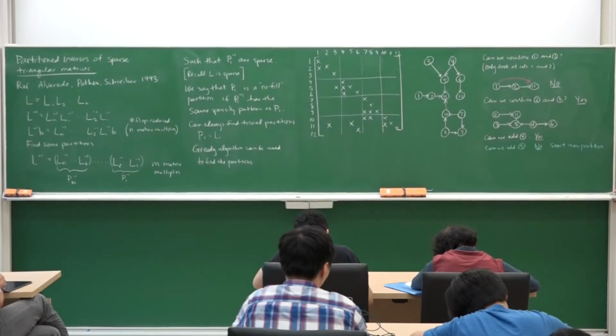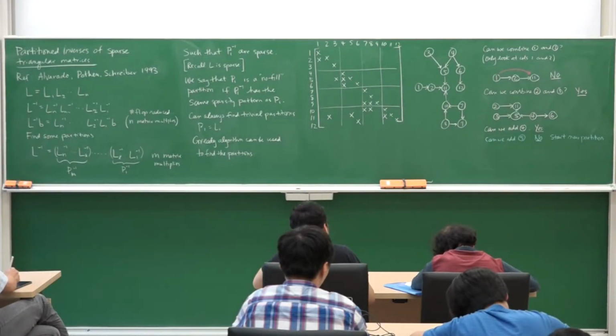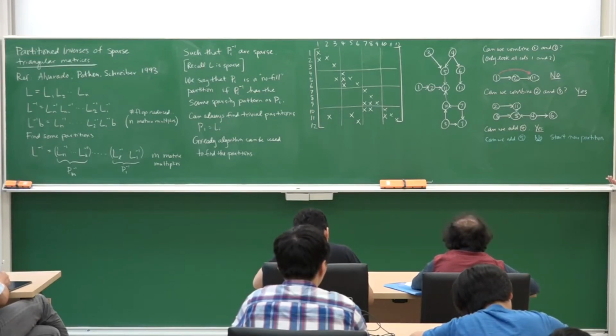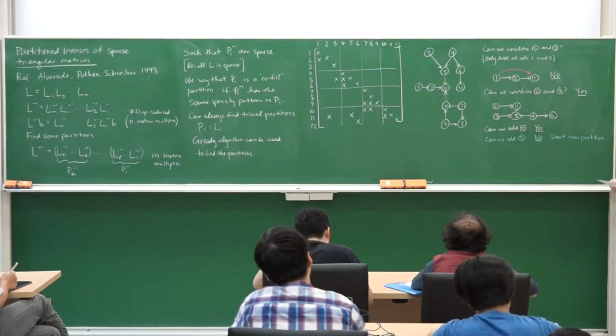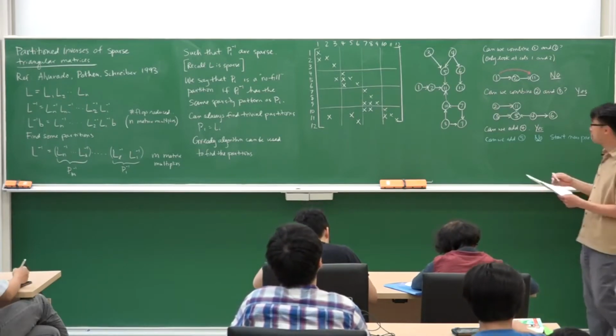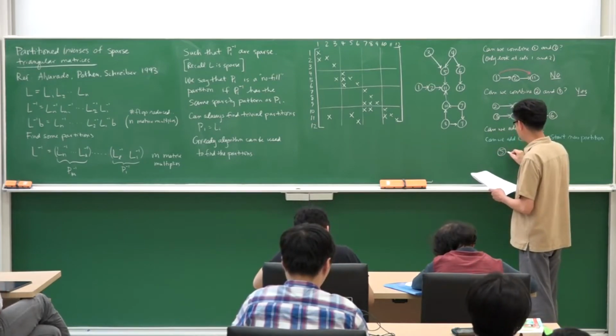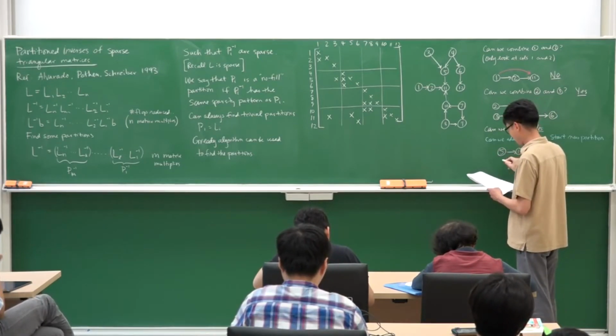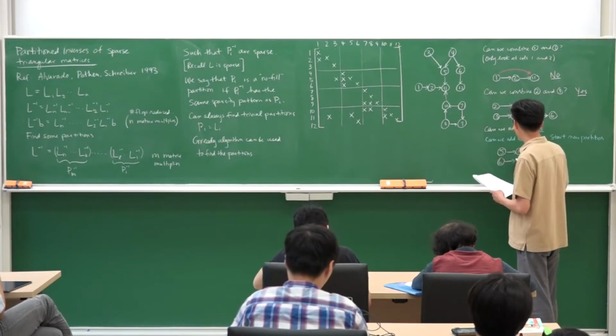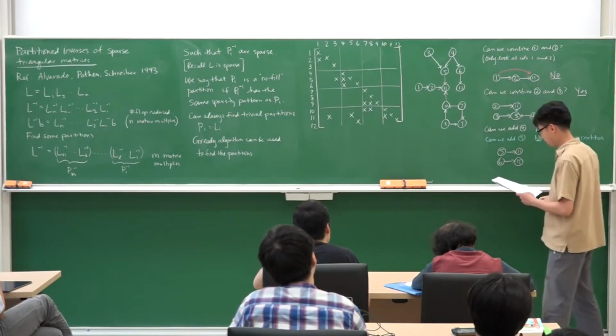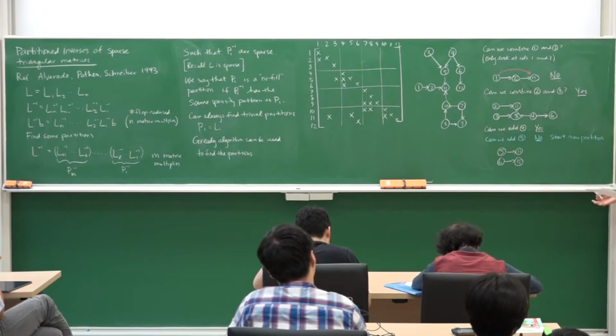All right, so maybe we should do a couple more steps. Can we combine 5 and 6? Yes, I think that's correct. We can combine 5 and 6 because 5 has an arrow pointing to 11, and 6 pointing to 12. So yes. Can we also combine 7?